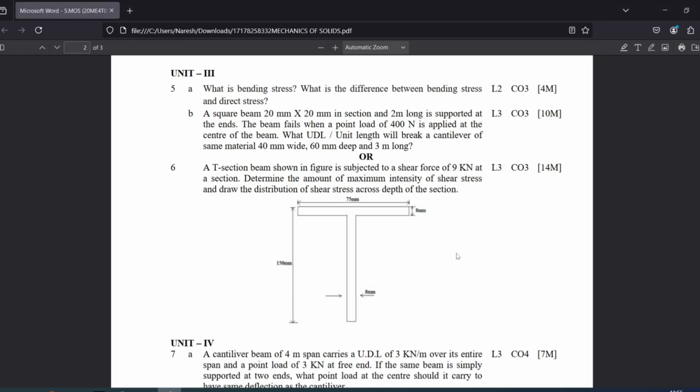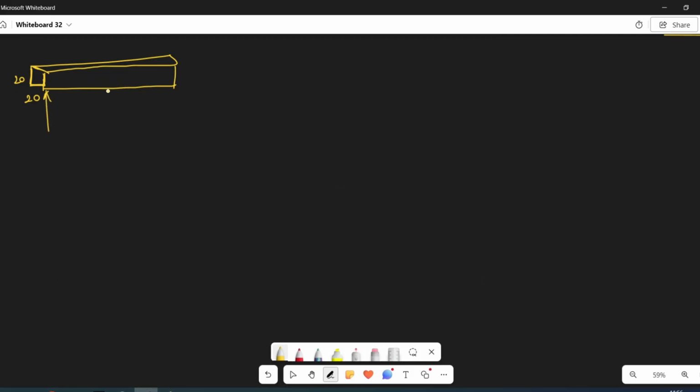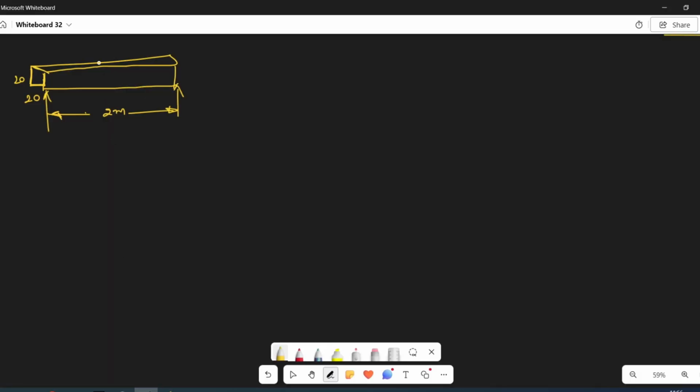Let us first list the data. Cross section. Fails at 400 Newton.